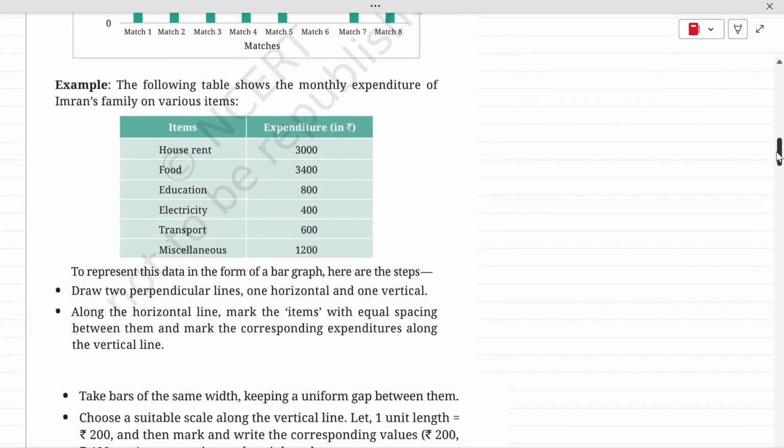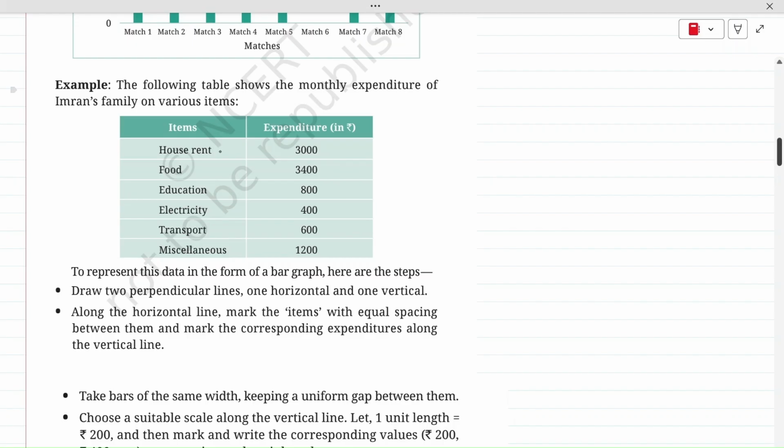Next example given here is: the following table shows the monthly expenditure of Imran's family on various items. So there is a family and there is a boy called Imran. Now the list of the items and the monthly expenditure on those items in his family is given to us.